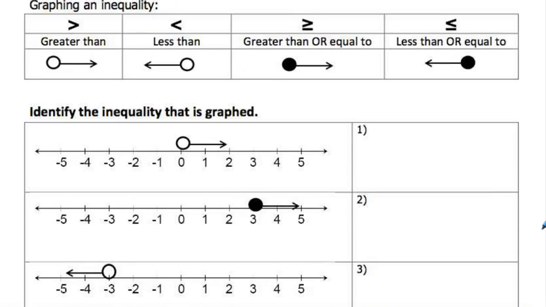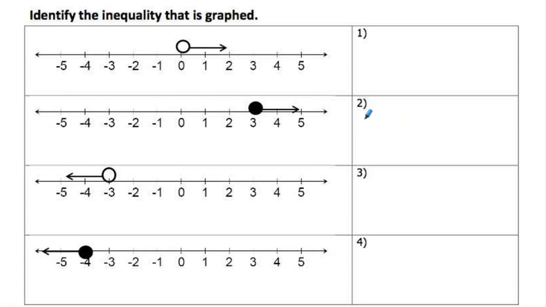All right, so let's look at these examples here. It says identify the inequality that is graphed. I find it's always easier to start with your letter, so I'm going to use X. You can use any variable you want. In this case, our open circle is on 0. And X is always the arrow that comes off of the circle.